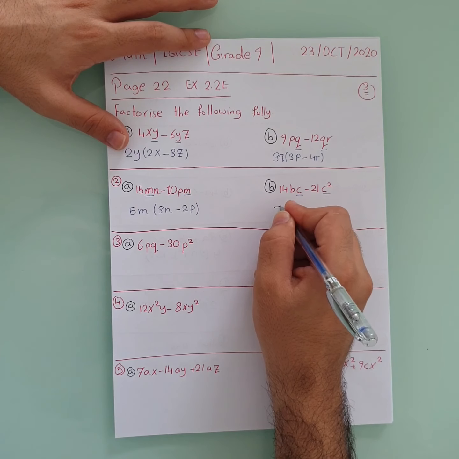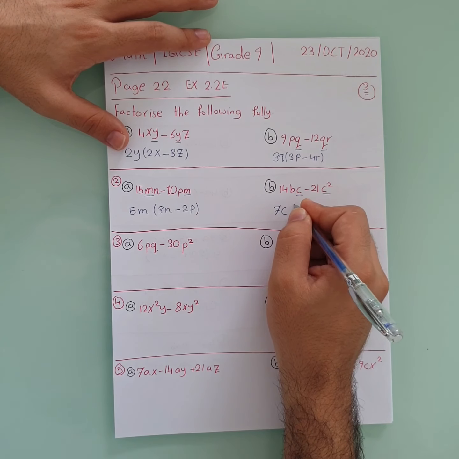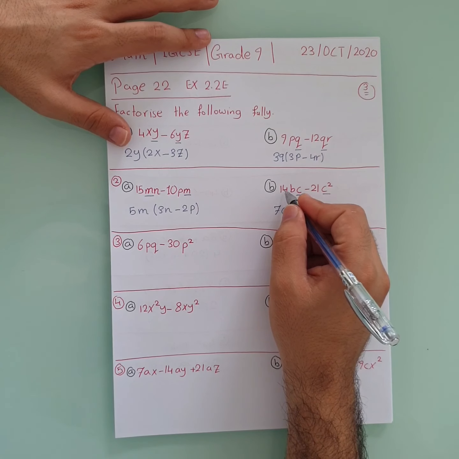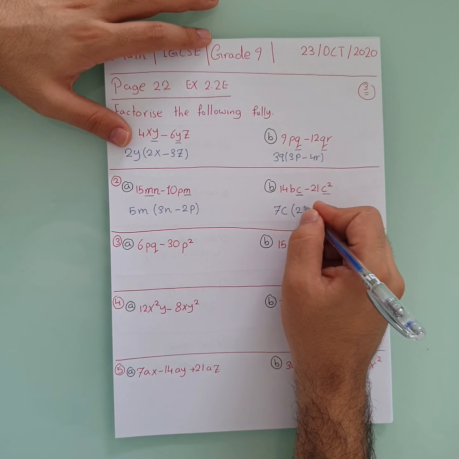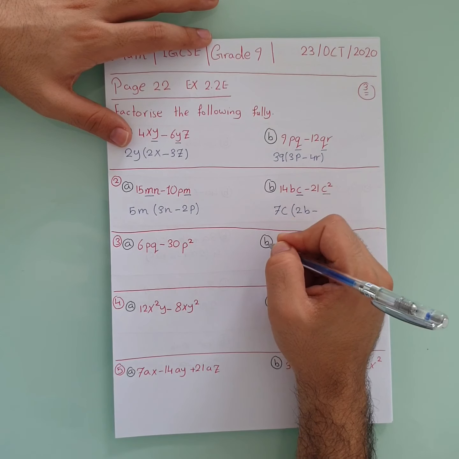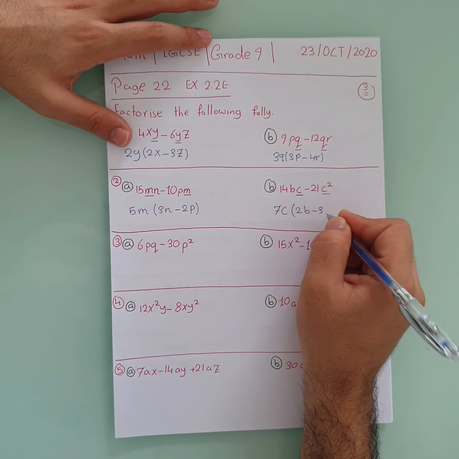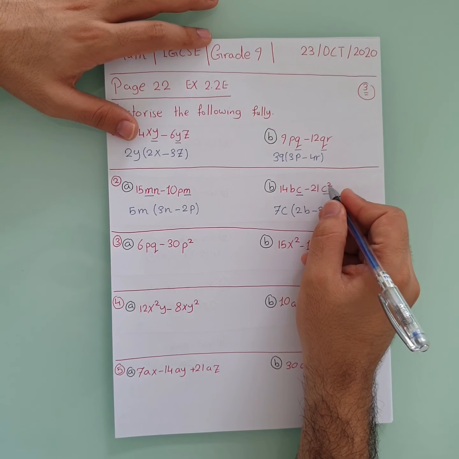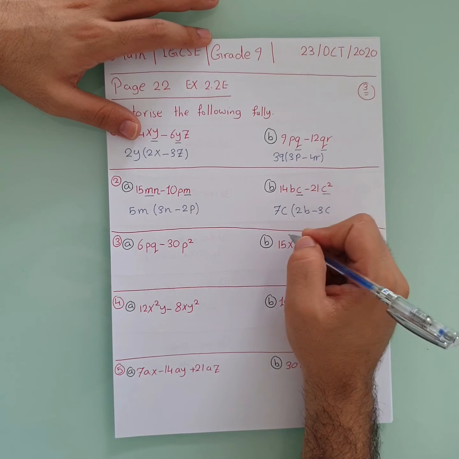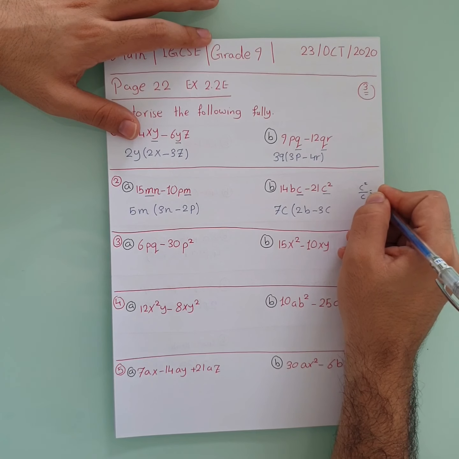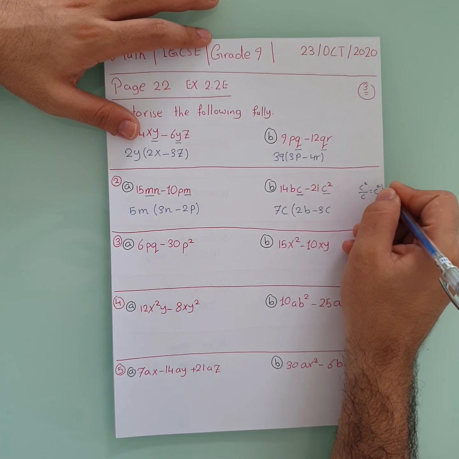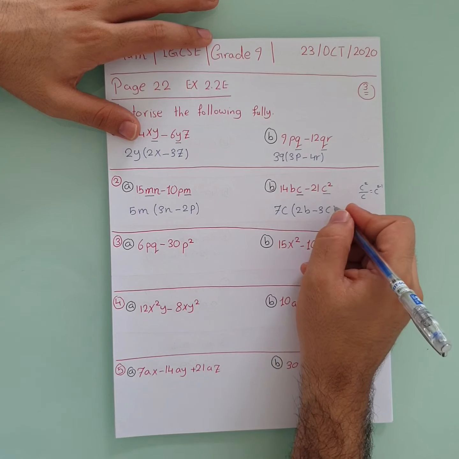So I will take 7c as my common factor, and then 14 divided by 7 is 2b, minus 21 divided by 7 is 3c. Why c? Because c to the power of 2 divided by c is c to the power of 2 minus 1, which is 1, so it's going to be only c. Close the bracket.